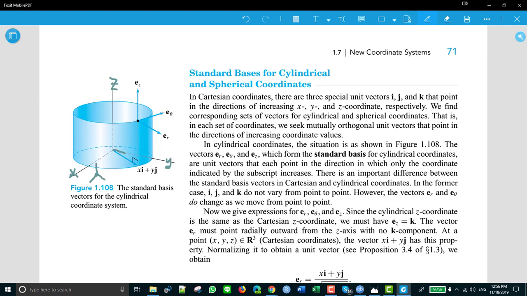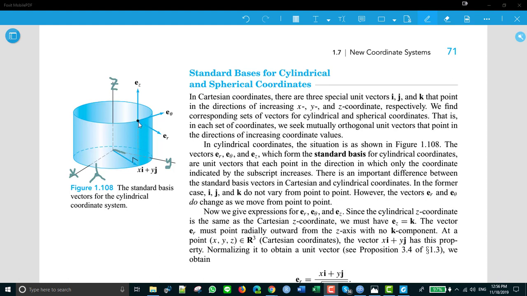To increase x, we go in the same direction as we would if we started at the origin. However, that's not going to be the case with these. So at this point here, what direction do we go in order to increase z? Well, that's obvious. We just go straight up. What direction, though, do we go if we want to increase in the r direction?